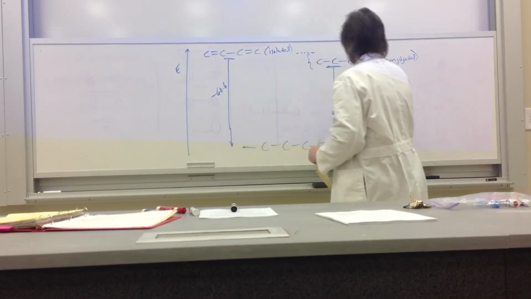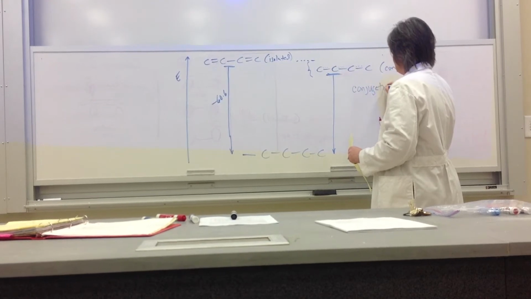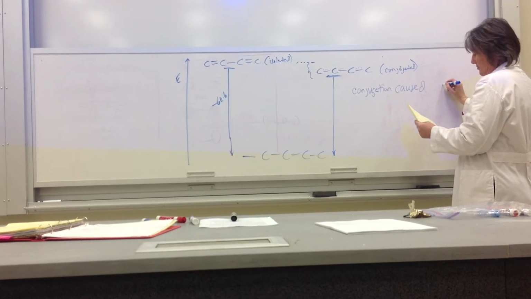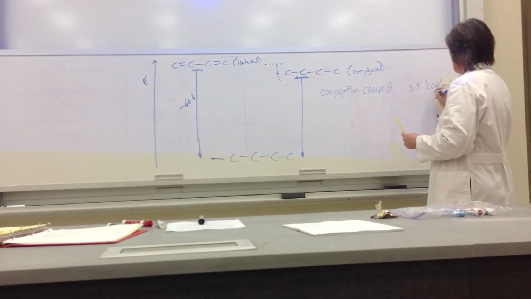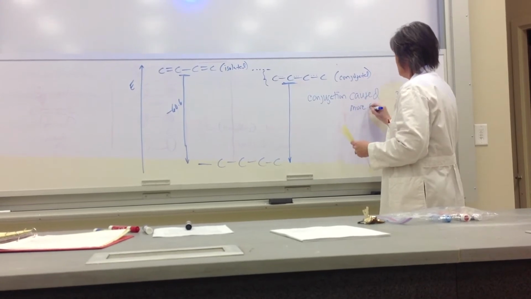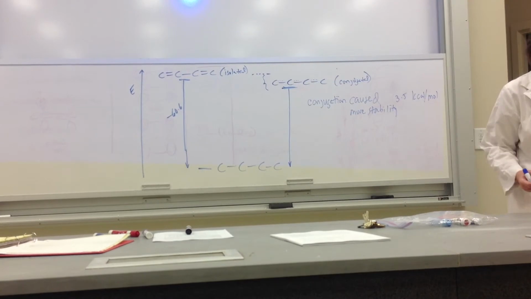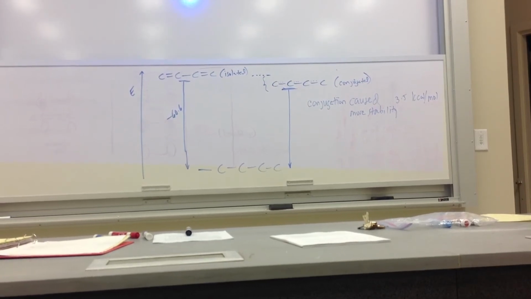So, this guy, being conjugated, caused 3.5 kcals per mole more stability. So smearing that electron density throughout the whole system led to about 3.5 kcals per mole better stability. Remember that number for benzene, because it's very conjugated as well.